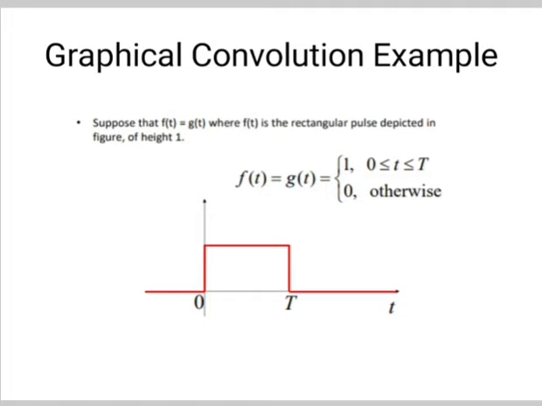The response of the LTI system to an input x[k] delta[n-k] will be x[k] h[n-k]. So the response y[n] to the input x[n] is the summation over k from minus infinity to infinity of x[k] h[n-k].